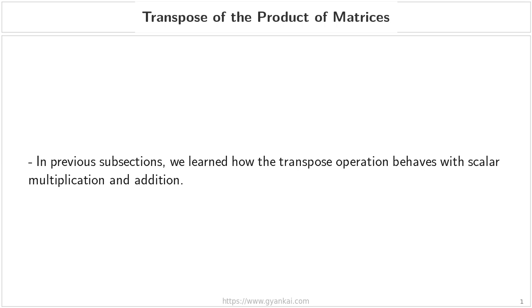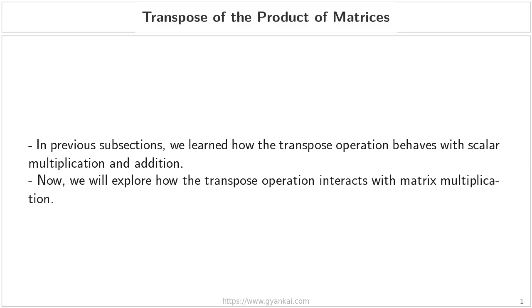Hello everyone. To begin, let's recall that in our previous lessons, we have already examined how the transpose operation behaves when applied to scalar multiplication and the addition of matrices. Now, we are going to move forward and explore how the transpose operation interacts specifically with matrix multiplication.